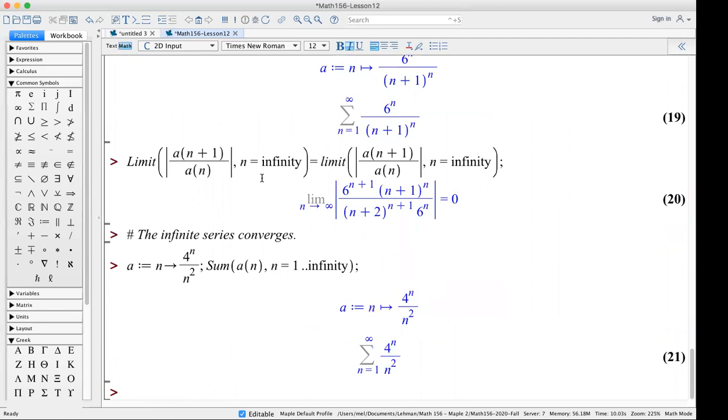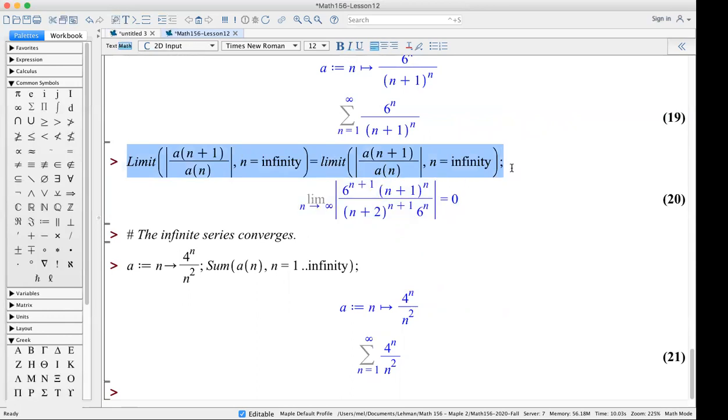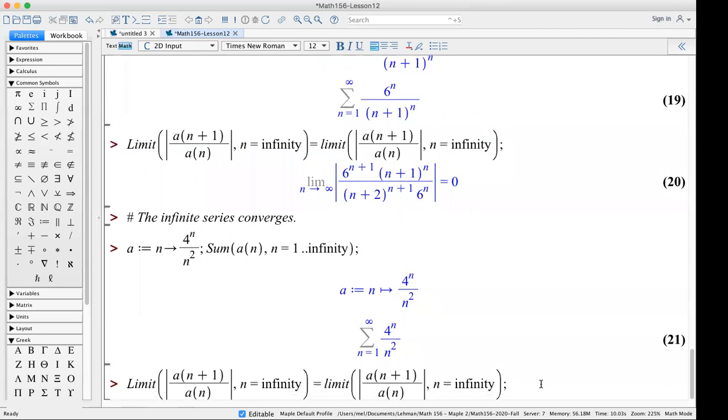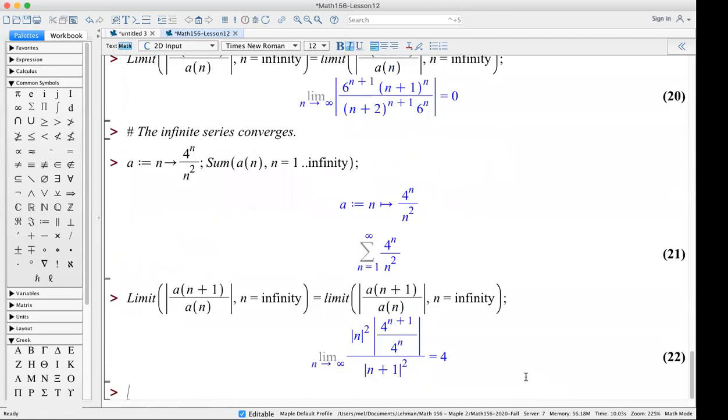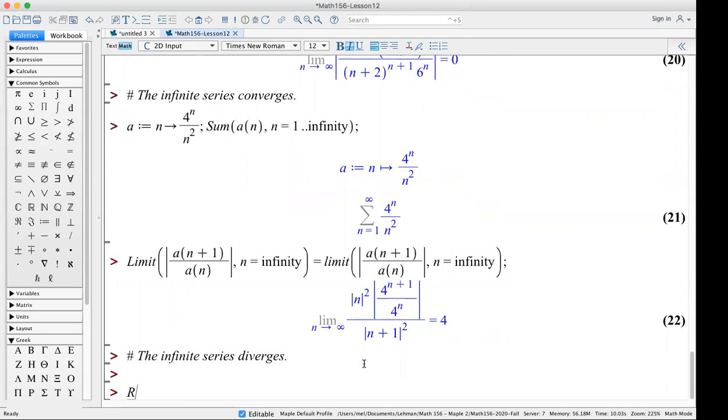Does this series converge or diverge? So we look at this limit, the ratio of successive terms, and it's 4. 4 is greater than 1. So the infinite series diverges.